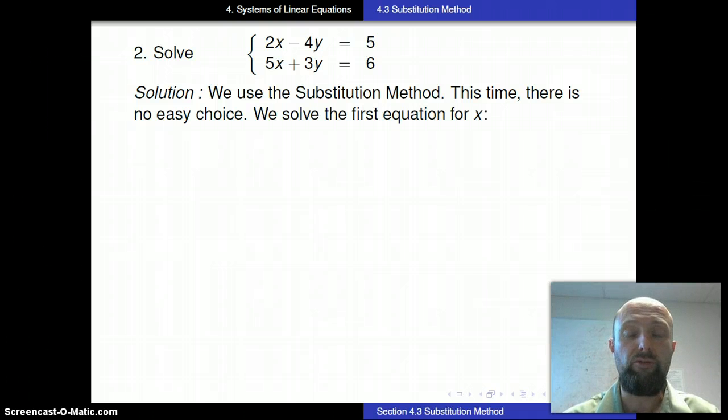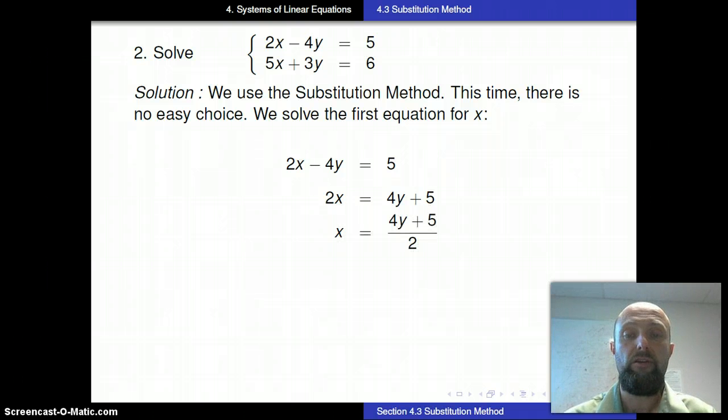Let's say that we solve the first equation for x. So we need to isolate x, so we move 4y to the right by adding 4y to both sides. We isolate x by dividing both sides by 2. We split and simplify. X is 2y plus 5 over 2.